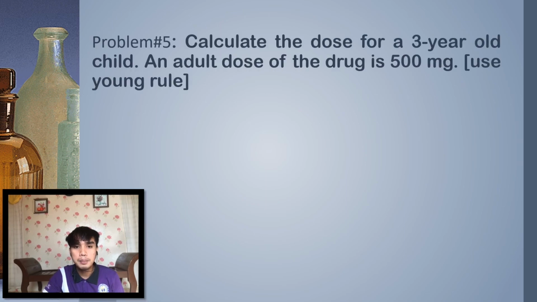So the last problem states: calculate the dose for a 3-year-old child. An adult dose of a drug is 500 milligram. So we are tasked here to use Young's rule. So what is the formula for Young's rule?